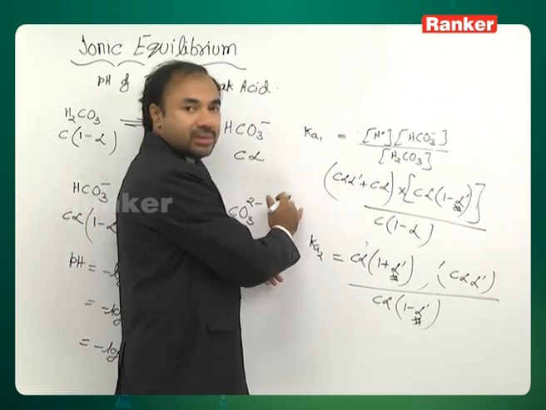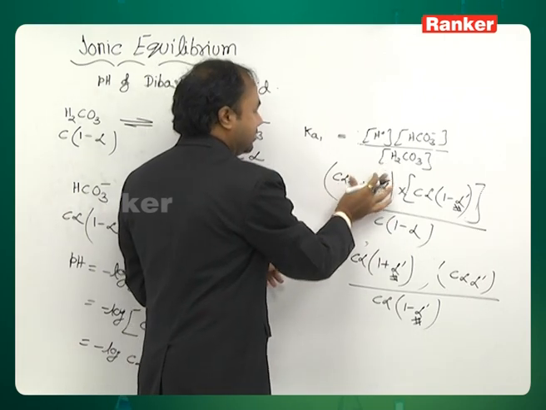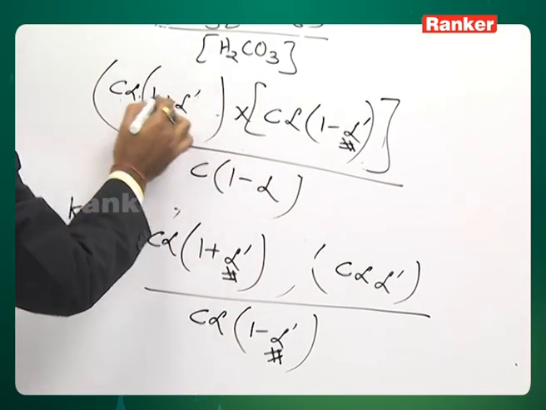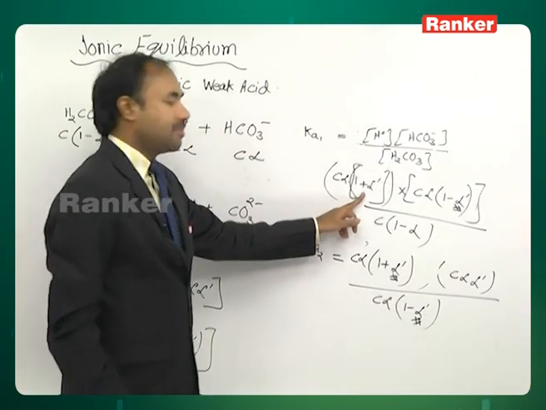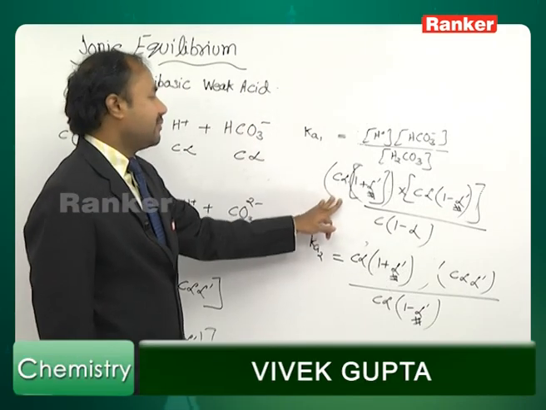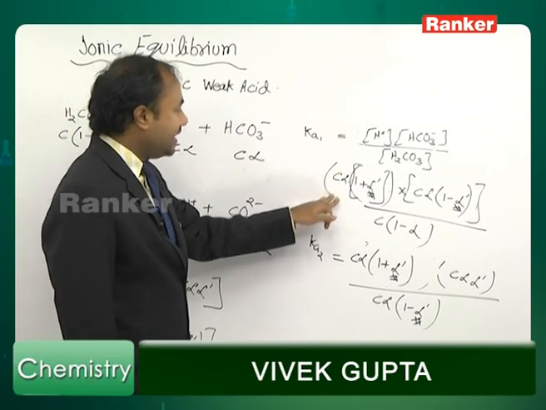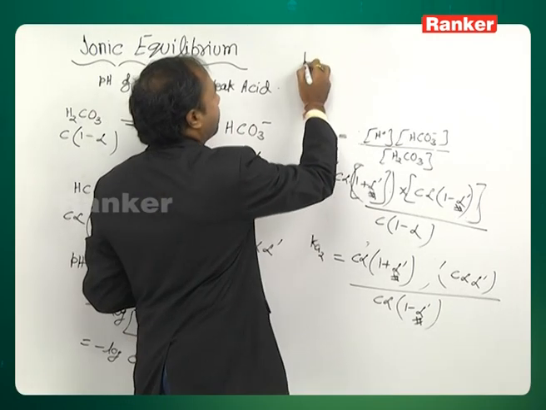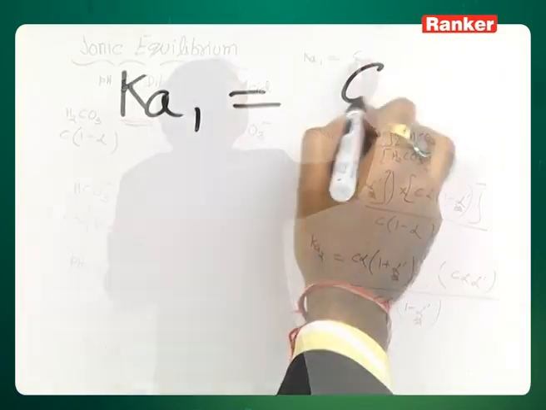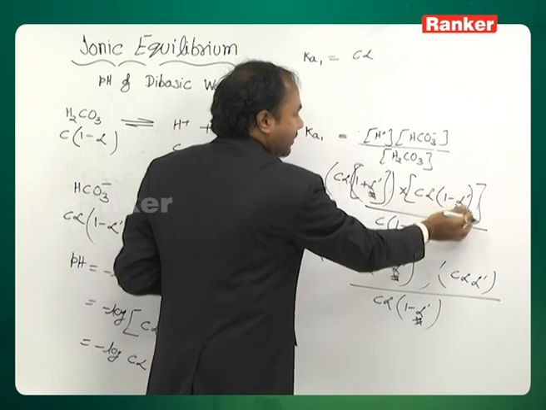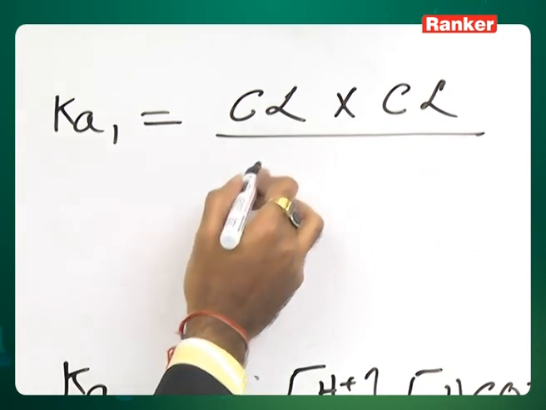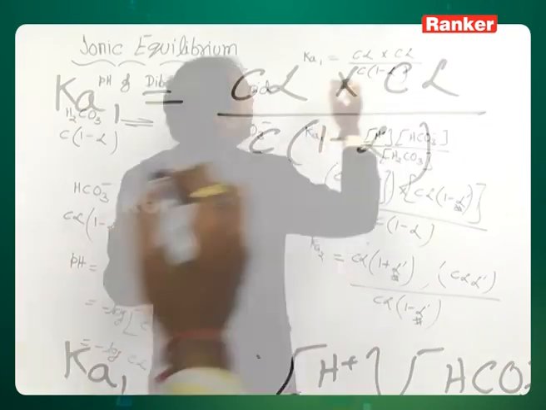This one again we take C alpha as common and it becomes 1 plus alpha dash, which again will be negligible. If you see carefully, Ka1 is nothing but equal to C alpha, because alpha dash has been neglected, into C alpha, again because alpha dash has been neglected, upon C into 1 minus alpha.